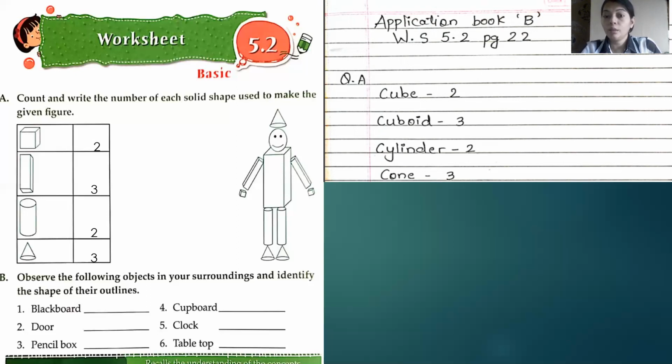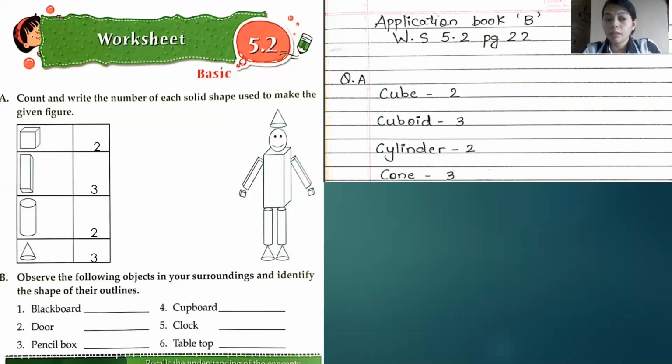Then you will write W.S, that means worksheet, and then write 5.2. Then write the page number, that is 22. Okay, then leave one line and write question A outside the margin in the same way how teacher has written.